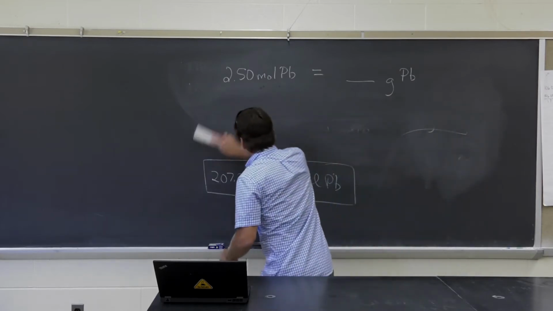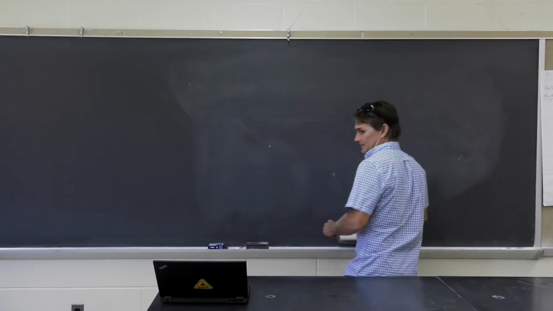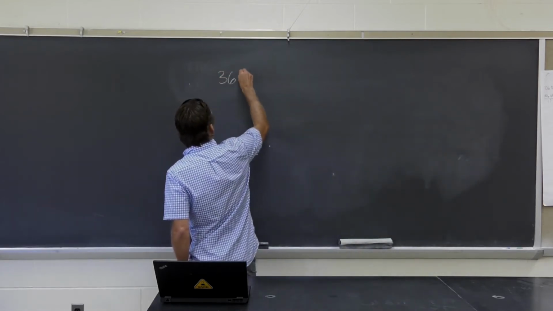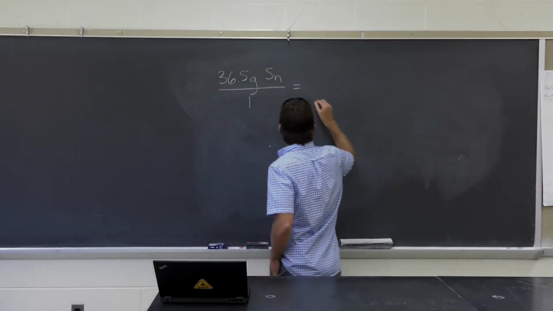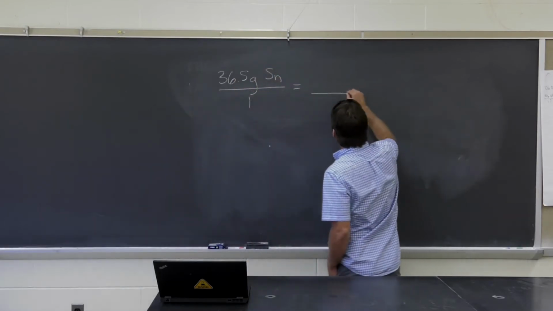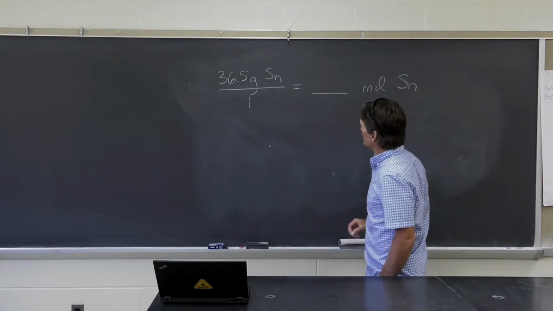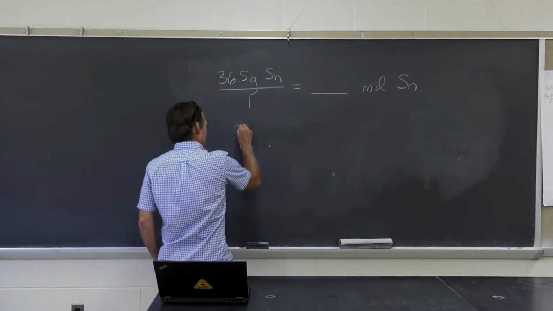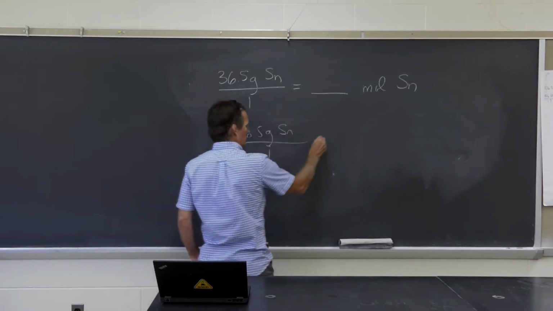So let's set that problem up. 36.5 grams of tin, and I want to know how many moles of tin that is. Let's set it up here: 36.5 grams of tin, and I'm going to place that over 1.